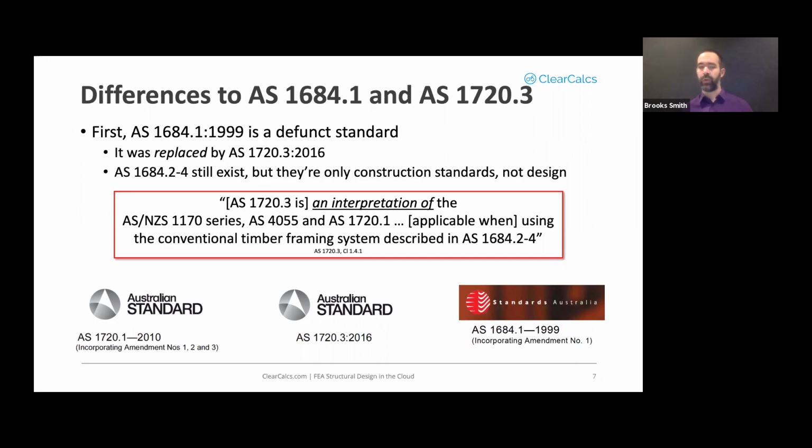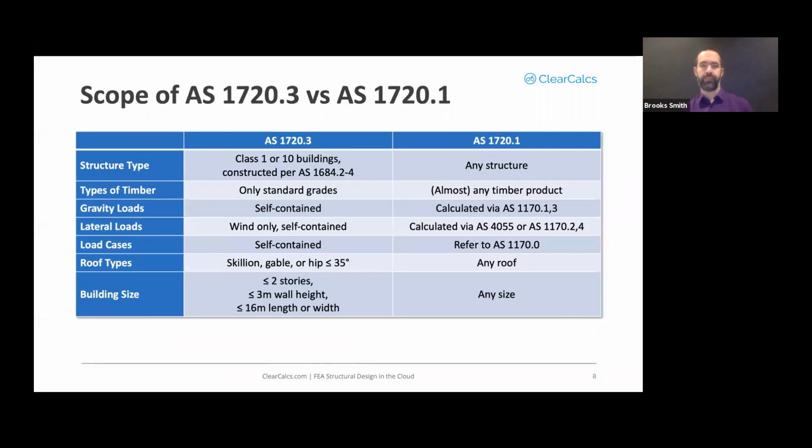That's only applicable when using the conventional timber framing system described in AS1684.2, 3, and 4. So there's no new information provided in AS1720.3. It's merely conglomerating about 7 other standards into one document. And in order to do so, it's being more restrictive, and I'll talk about that now.